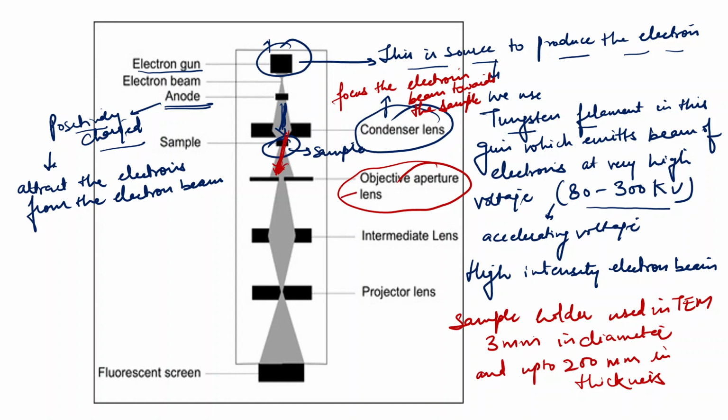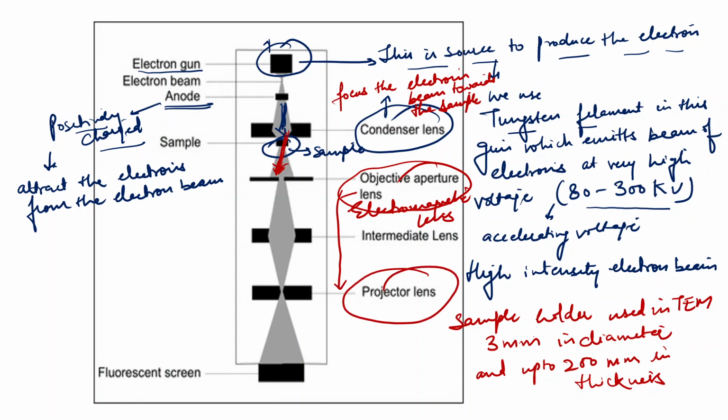The objective lens is also an electromagnetic lens, and it will focus the transmitted beam towards the projector lens.